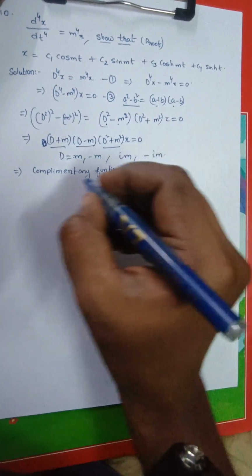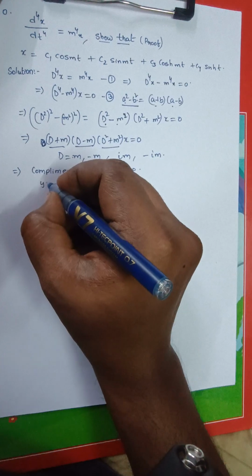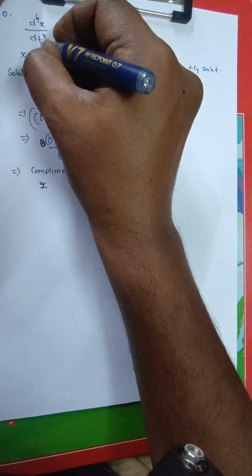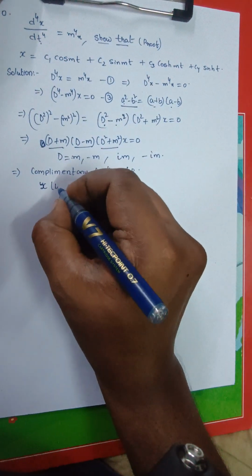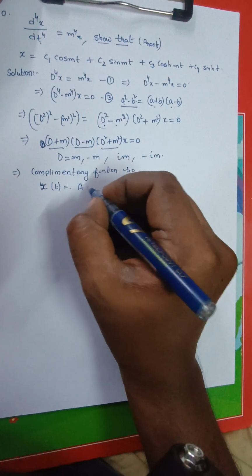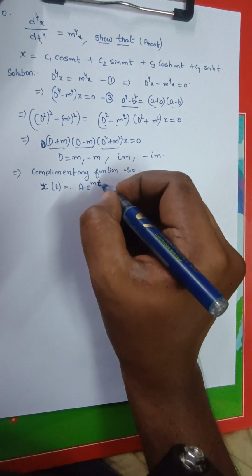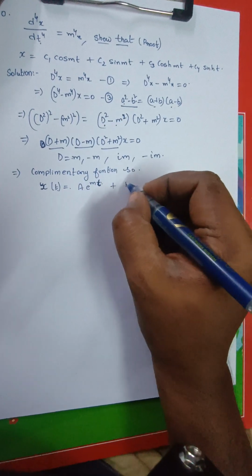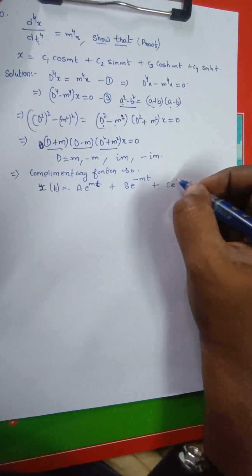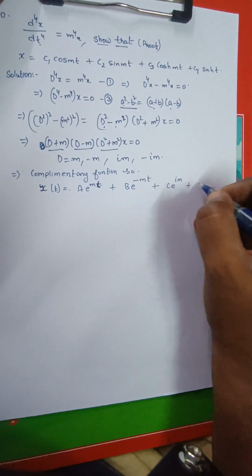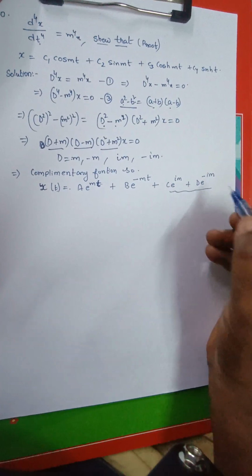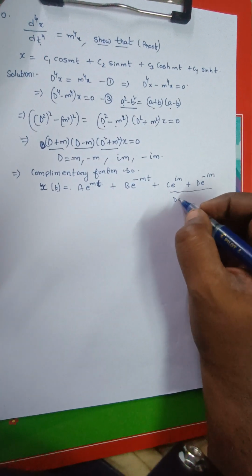So the solution is in the form of x, which is a function of time t. Since these are the roots, x = a e^(mt) + b e^(−mt) + c e^(imt) + d e^(−imt). These last two can be expanded by De Moivre's theorem.